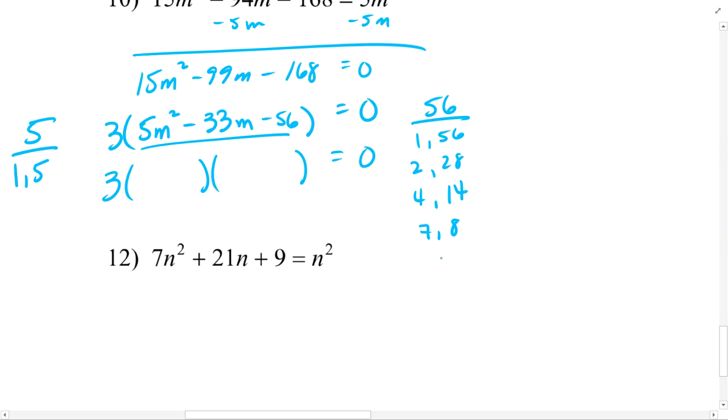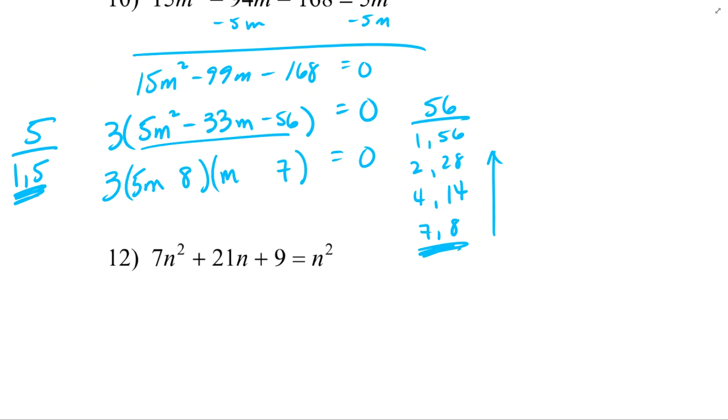Keeping in mind our techniques from the weeks past, I'm going to start with this pair of numbers and work my way up. And this is the only pair over here on the left-hand side, so I can commit to 5m and 1m as being parts of our factor group. But I'm going to guess that 8 and 7 are the pair that I want here.